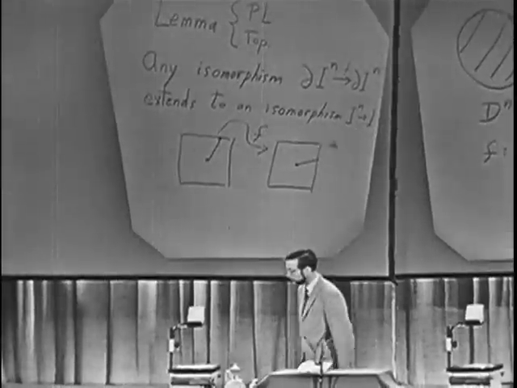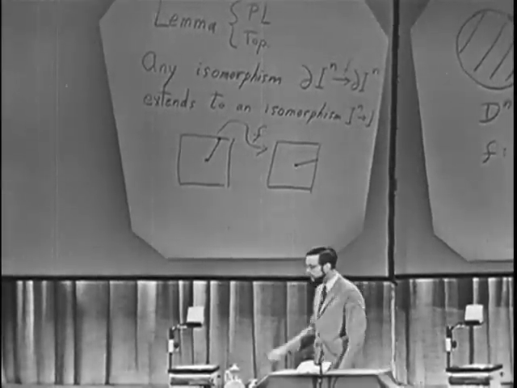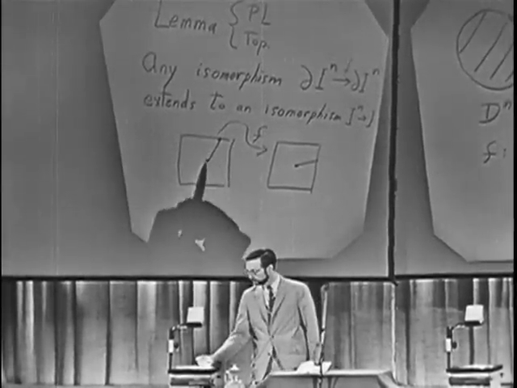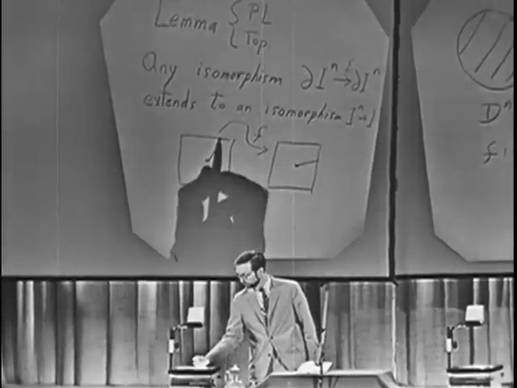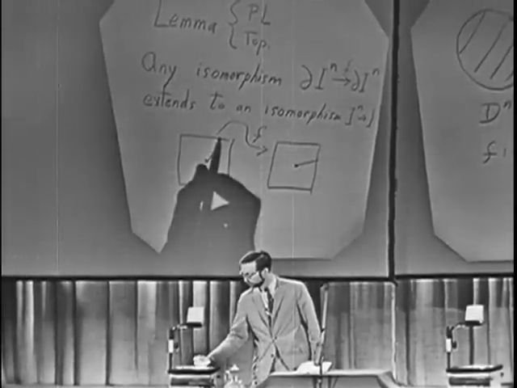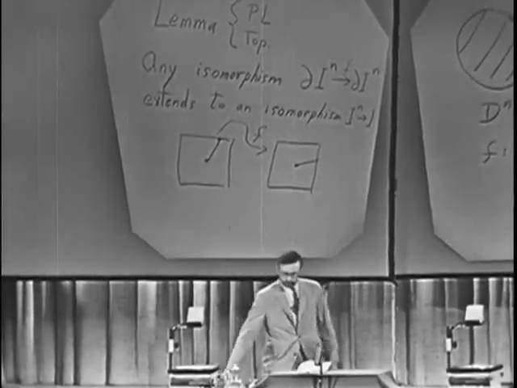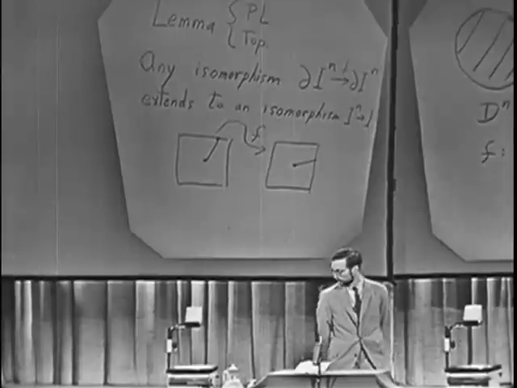We say that the center point of the cube goes to the center point of this cube, and we require that each line segment joining a boundary point of the cube to the center shall map into a line segment joining the boundary point to the center here. And this defines the mapping uniquely, because each point in the cube lies on exactly one line segment joining the center to the boundary. And we know where the center goes, we know where boundary points go, and the rest of the mapping is uniquely defined.